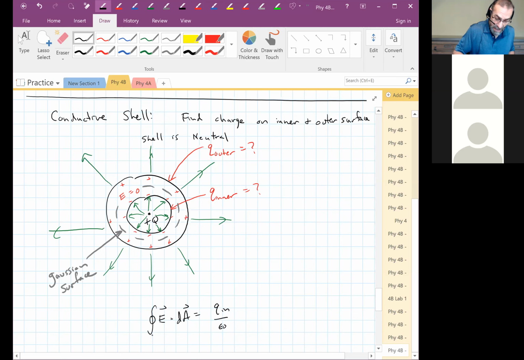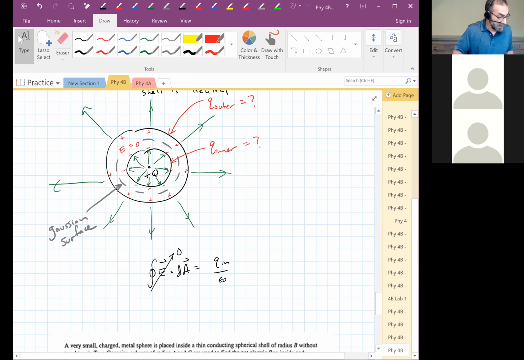And what does E have to be inside of that conductive material if it's in equilibrium? 0. So that means Q in has to be 0.